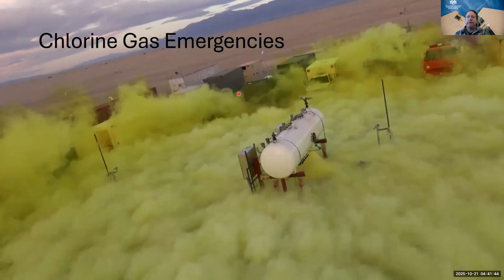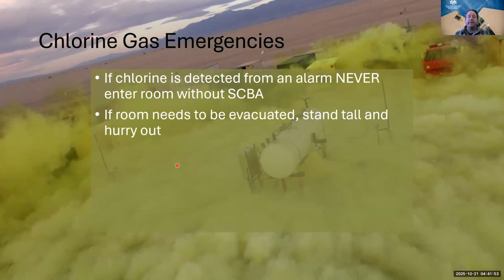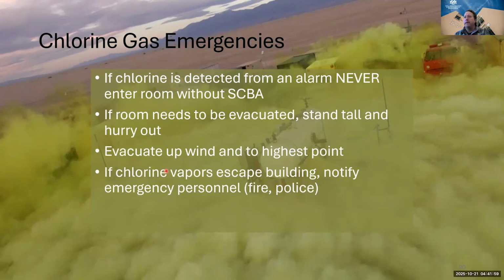In case of a rapid release of chlorine gas, never enter the room without an SCBA. If the room needs to be evacuated, stand tall and hurry out. Evacuate upwind and to the highest point. If any chlorine gas vapors escape the building, if they don't make it into the scrubber, you need to notify emergency personnel, fire, and police.